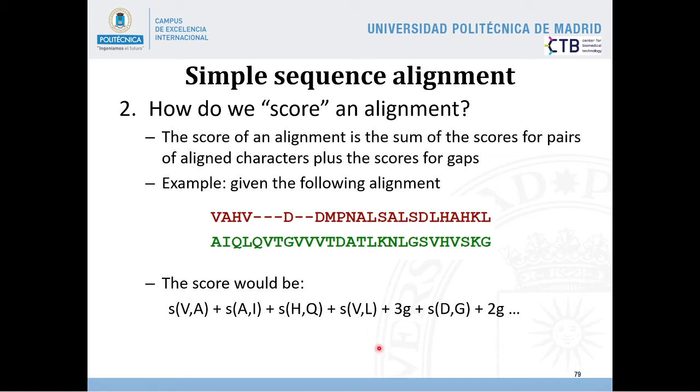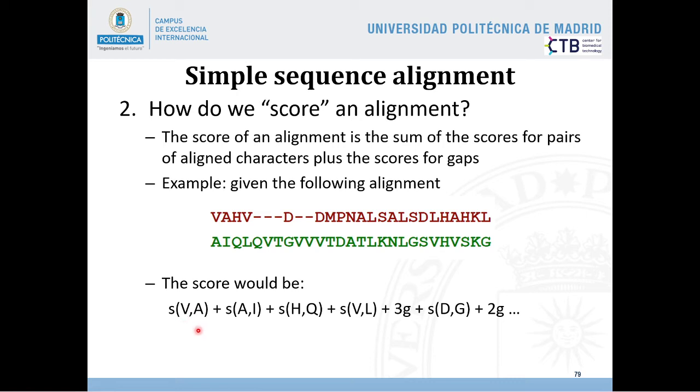For example, for the alignment you can see here, we will sum the score that we would give to the alignment of the amino acid valine to alanine. We would have had a score for that alignment because they are quite similar, or they are not quite similar, whatever.